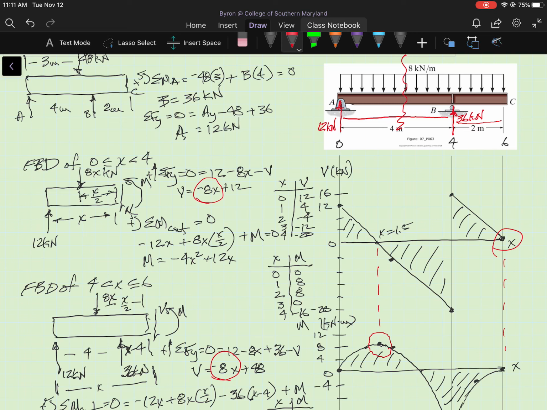And that checks with our distributed load intensity, which is 8 acting downward, so we consider that negative. Okay, so you can use those relations between distributed load and shear and moment to help you create the diagrams, and as a check on your work.